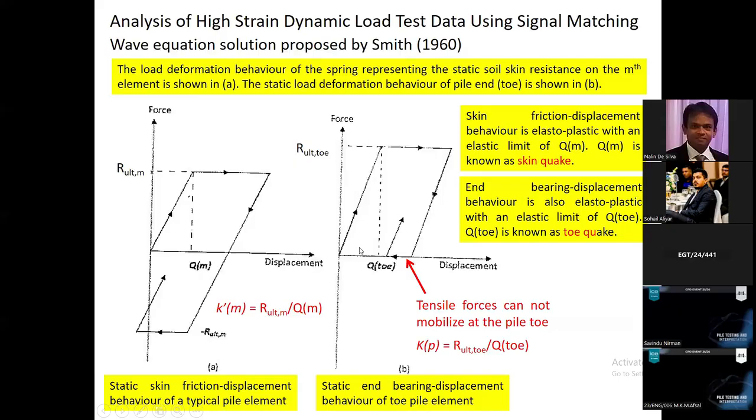Smith assumed the pile toe response is something like this. It cannot go to the negative side, but the skin friction can go to the negative side, plus or minus both sides, right? And up to a certain displacement, the soil behaves as an elastic material. This displacement is known as the quake.